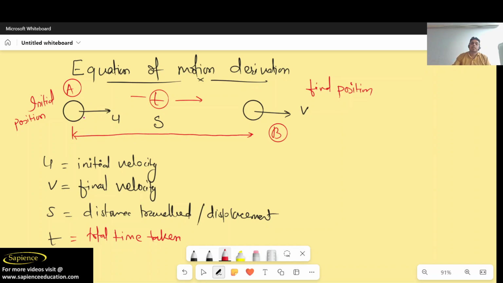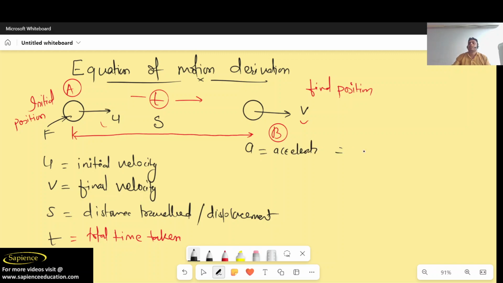Its initial velocity is u, its final velocity is v, and its total distance traveled is s, and total time taken is t, and body got accelerated. Suppose there is a force applied on this body and its velocity changes, so there will definitely be an acceleration. a is your acceleration.